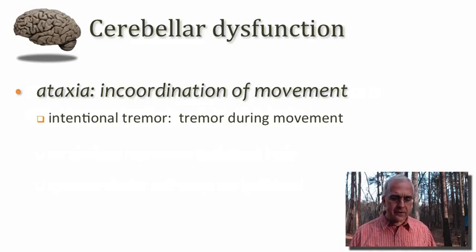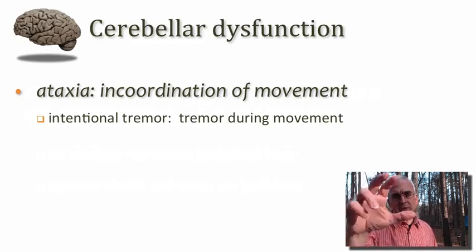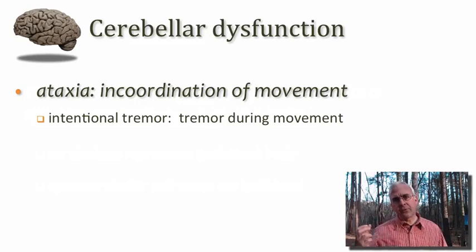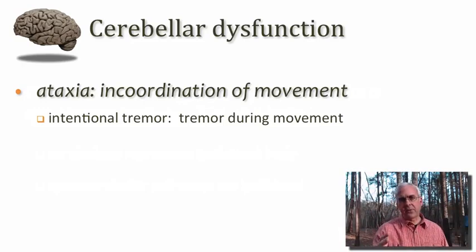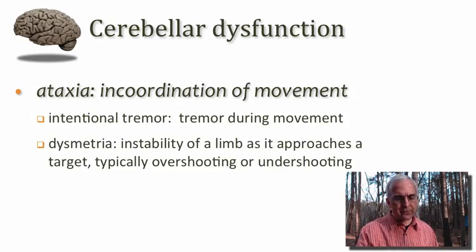One of them is intention tremor. So patients who have damage to the cerebellum tend to have tremulous movement when they are intending to move, such as if they were to reach out to grab an object. There is a tremulous movement that reflects an unsteadiness or an incoordination across those joints.